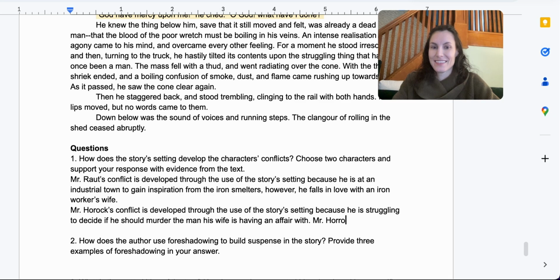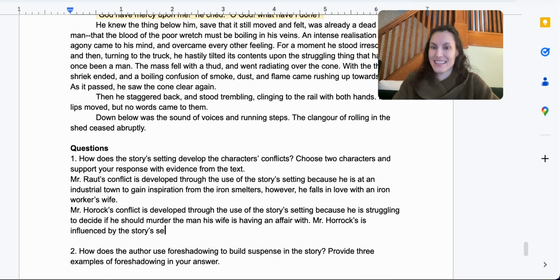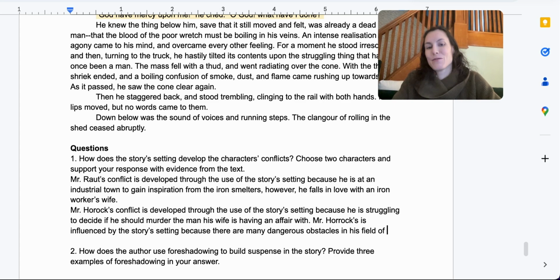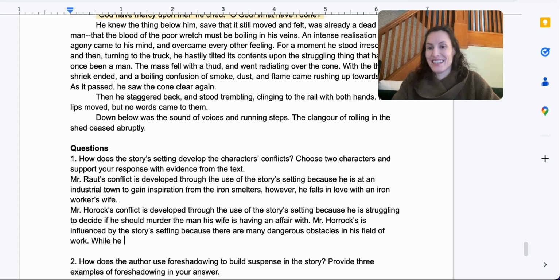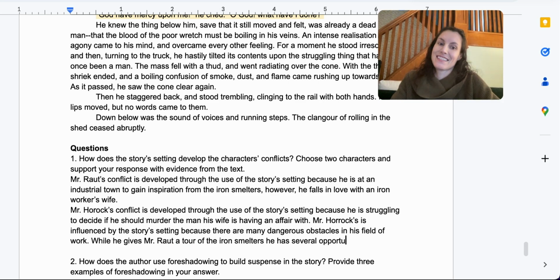Mr. Horrocks is influenced by the story's setting because there are many dangerous obstacles in his field of work. While he gives Mr. Rout a tour of the iron fields or smelters, he has several opportunities to kill the man.